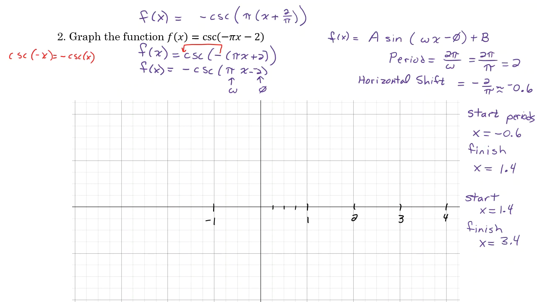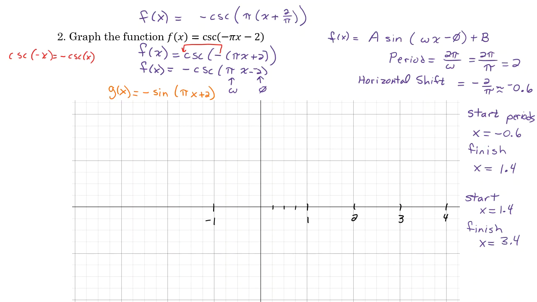Ultimately, we want to graph the cosecant, right? But we're going to start by graphing the sine. Let's use orange. That looks like fun. So we're going to graph, say, g of x equals negative sine of pi x plus 2.